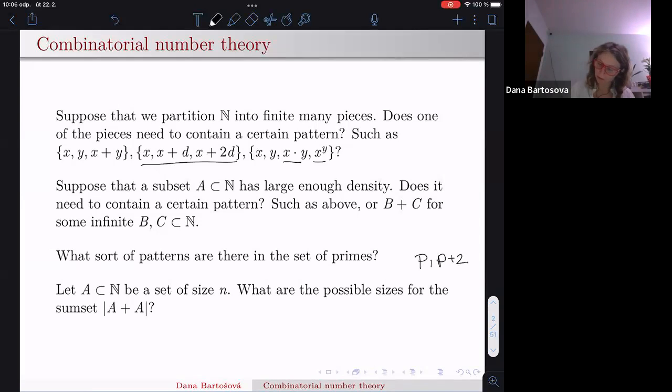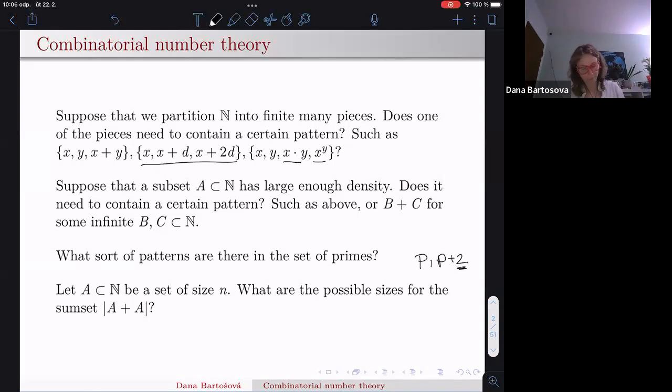If you do not insist on the 2 here, then we actually know that there are arbitrarily long arithmetic progressions of primes, which was a huge breakthrough. But we cannot use the second type of result for that because primes do not have positive upper density.